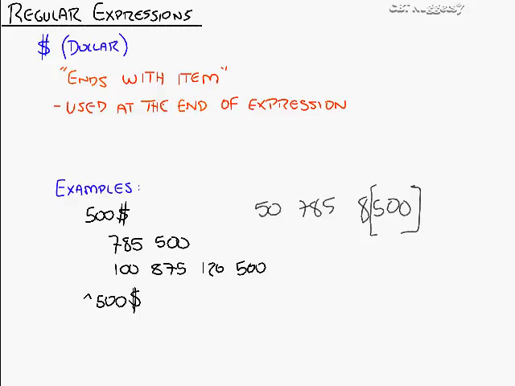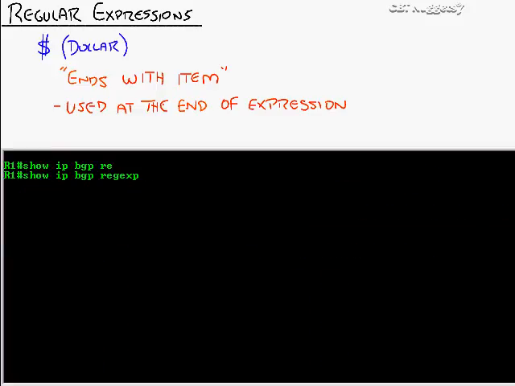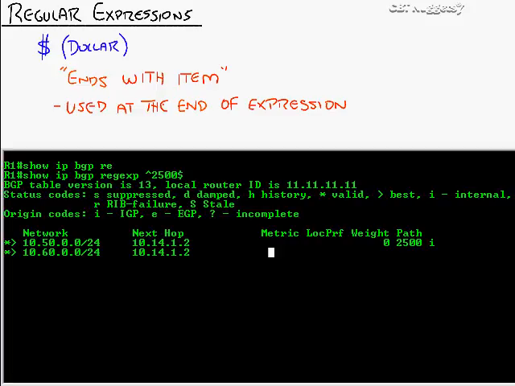So let me jump back onto my router and clear off this screen. What I did was I advertised a couple routes from other autonomous systems in there. I'm going to do a show IP BGP. Let's do regular expression, and I'll put caret 2500 $. And that will focus in on routes that only have 2500 in the autonomous system path.